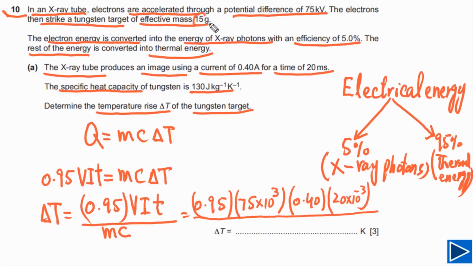The mass is given, that is equal to 15 grams, so we have to convert into kilograms. And the value of c is given, that is 130. And now we just need to simplify. If we simplify this one, our final answer will be equal to 290 kelvin up to 2 SF. Because we have the least number of SF as 2, our final answer also has to be up to 2 SF. So this is our final answer. This is how we can calculate.